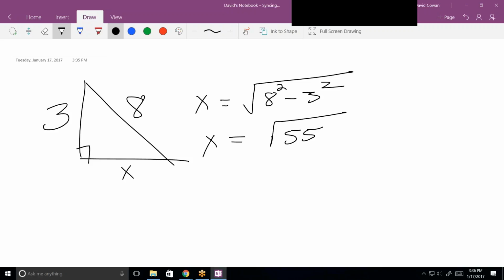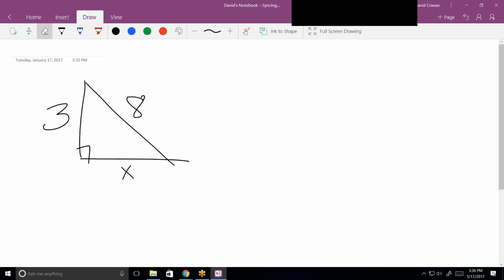Okay? So let's talk about this. This is huge. Regardless of what you sent me, I want you to be able to solve right triangles. Now, the thing about right triangles is you can always go back to the Pythagorean Theorem to figure out how to solve them. But this is one of the few cases where I really don't advise my students to remember the basic equation.